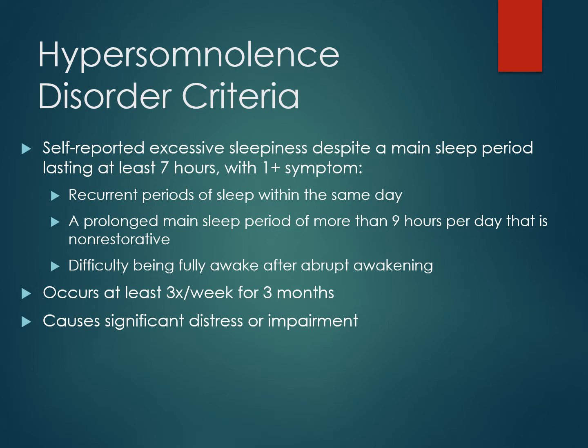Despite this amount of sleep, they're either recurrently taking naps during the day, they sleep for at least 9 hours at night but still complain of feeling excessively tired, or upon awakening, it is extremely difficult for the person to feel fully awake, indicating that they're still spending a lot of time in deep sleep, which is symptomatic of not getting enough restorative sleep. This has the same time duration as insomnia, of needing to occur at least 3 times per week for 3 months, and causes distress or impairment in functioning because they feel so tired.